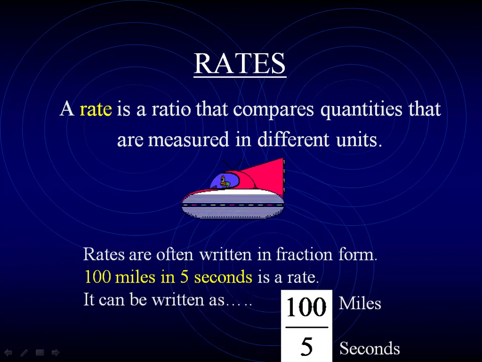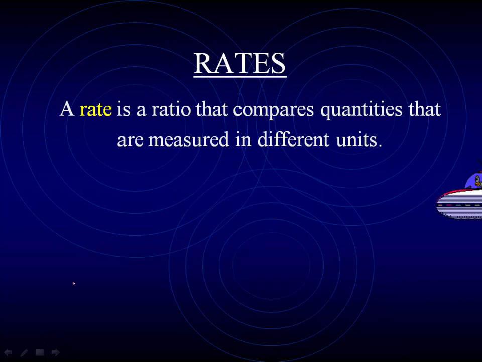Okay, rates are often written this way. We write the rate as a ratio. We write it 100 over 5: 100 miles in 5 seconds. We also can express it another way.